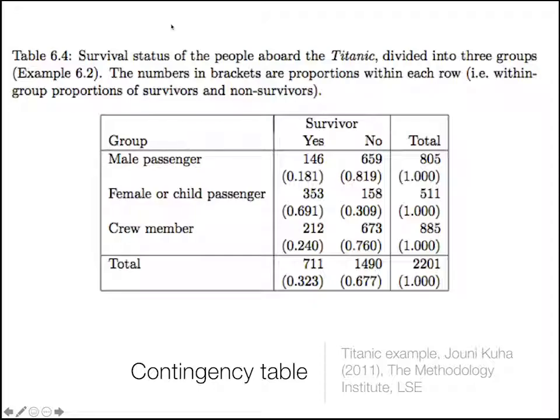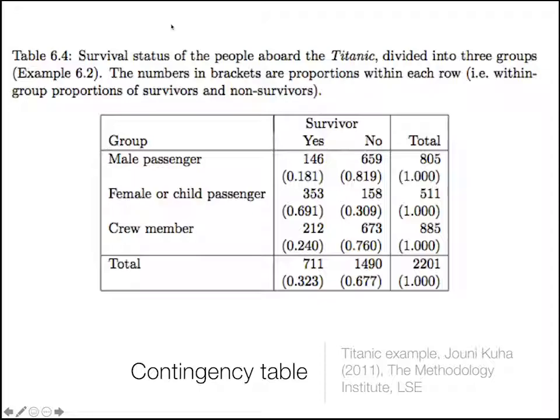And what you'll see is that many male passengers did not survive. The count there is 146 surviving versus 659 not, so quite a big difference. For female or child passengers, it's flipped around. Many more survived, 353 versus 158 who did not.